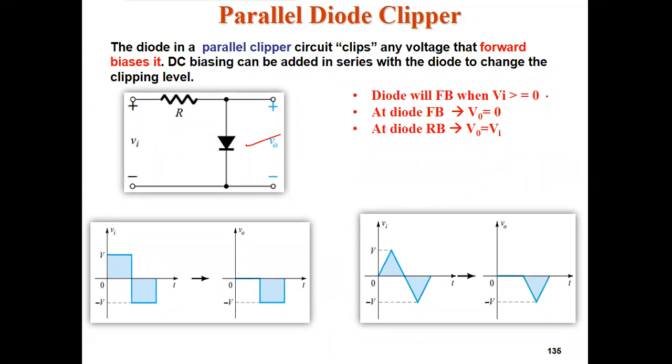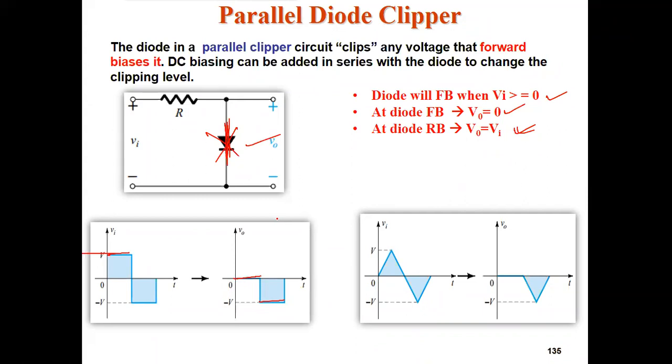So if Vi is greater than or equal to 0, the diode will be forward biased and will conduct, so V0 equals 0. During reverse bias it will not conduct, so V0 equals Vi. So during the positive half cycle the output is 0, and during the negative half cycle the output equals the input.